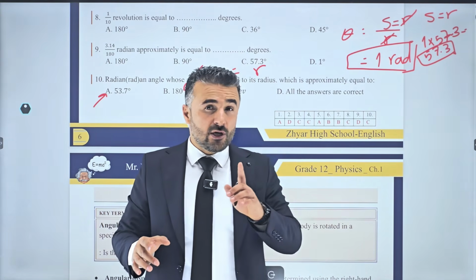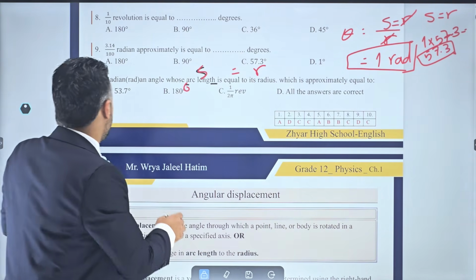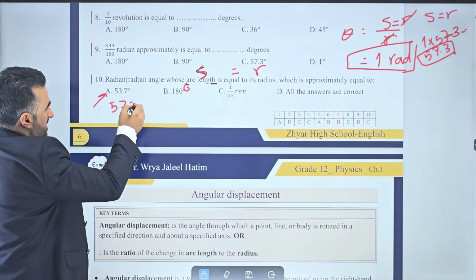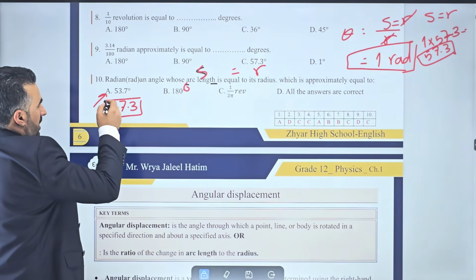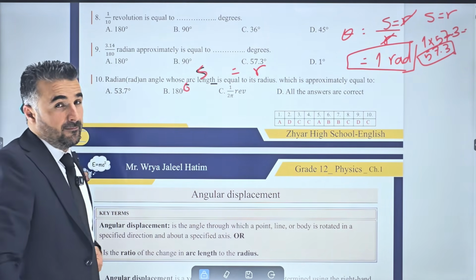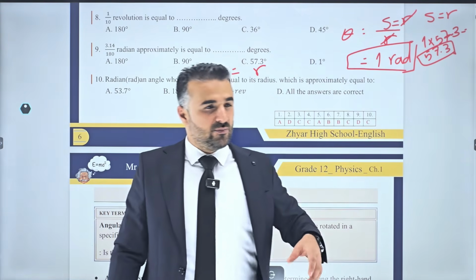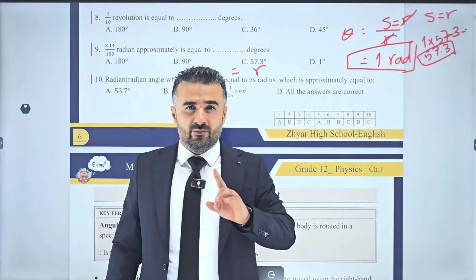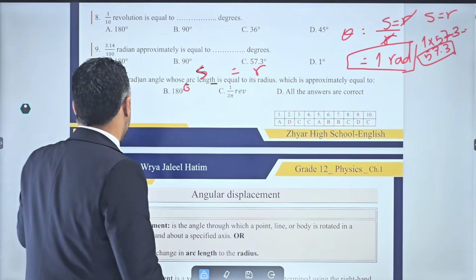So if you're not careful, your brain will rearrange this number automatically, and you will see this number as 57.3, and you might just choose this one, and of course you will end up losing 2 marks here. So make sure, because you're stressed, because you're worried, maybe you're under a lot of pressure, so you might not be focused, but always have a sharp focus.